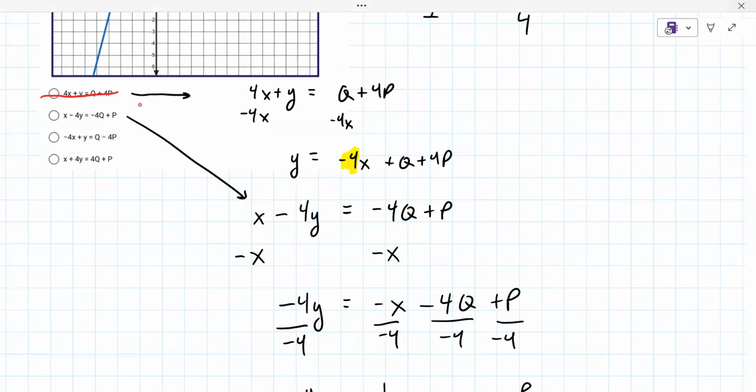All right, so why don't you try one of the other two? Because one will work or one will be wrong, and then it's the other one. Let me know which one you try. All right.